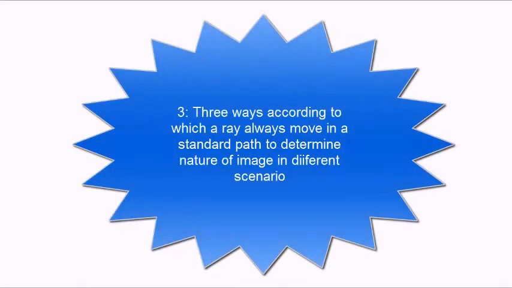In order to do this particular task, we will see three rays or three paths via which a ray always moves in a standard path, and those three rays will help us determine the nature of the image in different scenarios.